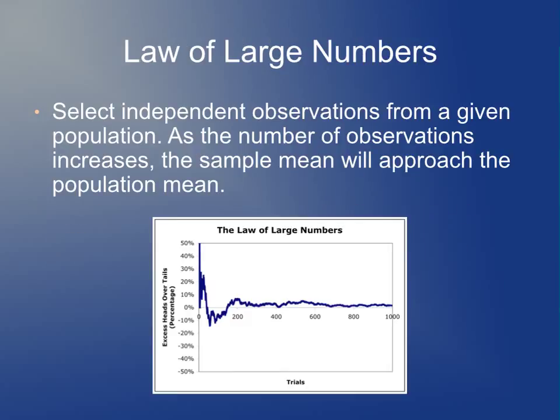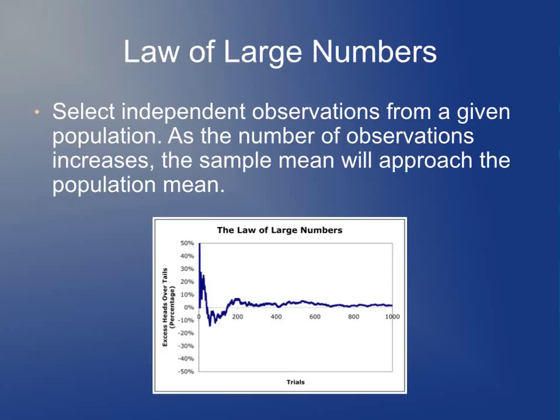And I'll note in passing that there's a property called the law of large numbers, which says that if you select a bunch of independent observations from the given population, as the number of observations increases, the sample mean will approach the population mean. Which makes sense. If I grab one person off the street, I might get LeBron James, but if I start to grab 100, 1,000, 10,000 people and measure their heights, their mean height will become closer and closer to the population mean.